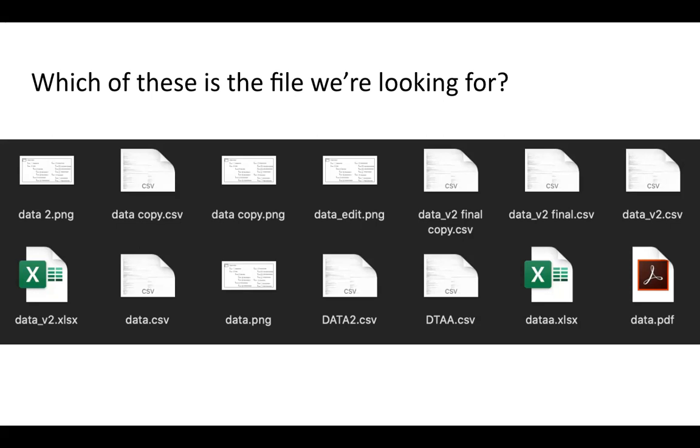Also, we have many different types of files here. Are we working with a spreadsheet, the CSV file, or the images, or there's a PDF? And everything is named data, and there are multiple versions. It's not very helpful. And even with some other information, maybe you could make some relationships between the different files.